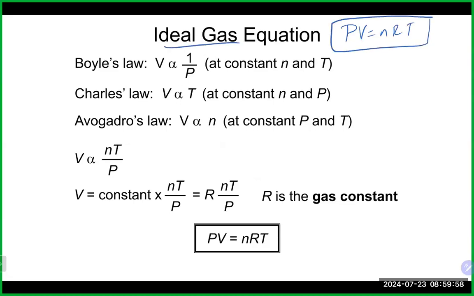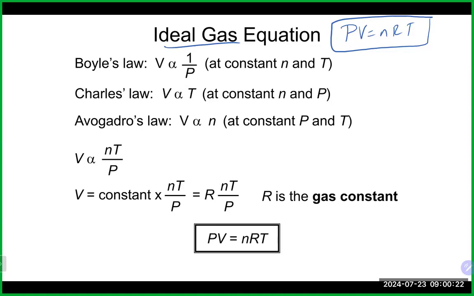And really, there's a couple of things that make something an ideal gas. The two main aspects: in an ideal situation, the volume of the gas itself is negligible compared to the volume of the container it's in.